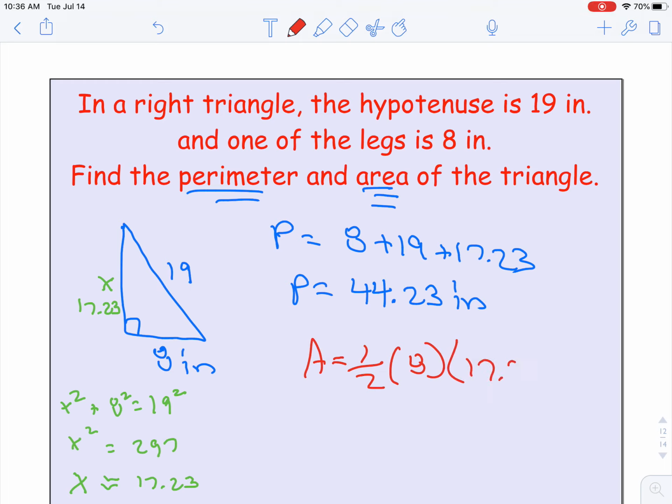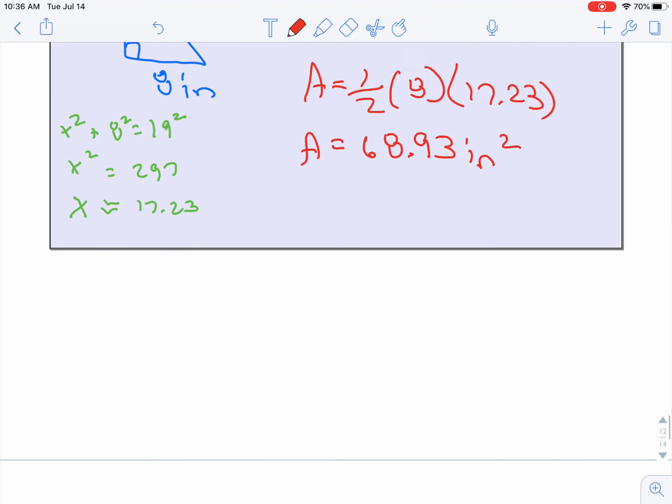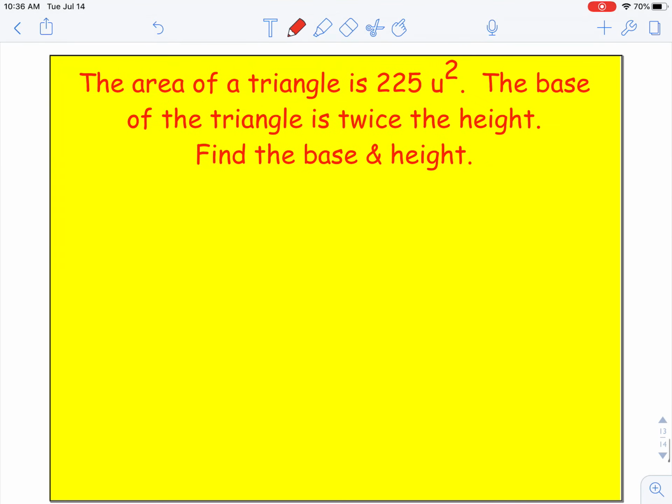Area is 1/2 the base, which is 8, times the height, which is 17.23. So my area is 68.93 meters, or inches, excuse me. Inches squared. So notice perimeter is inches, area is inches squared.